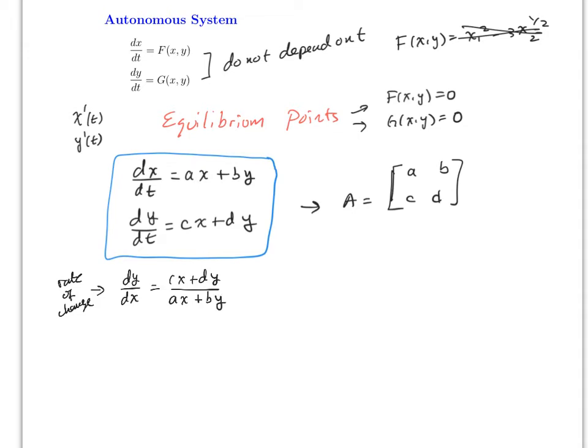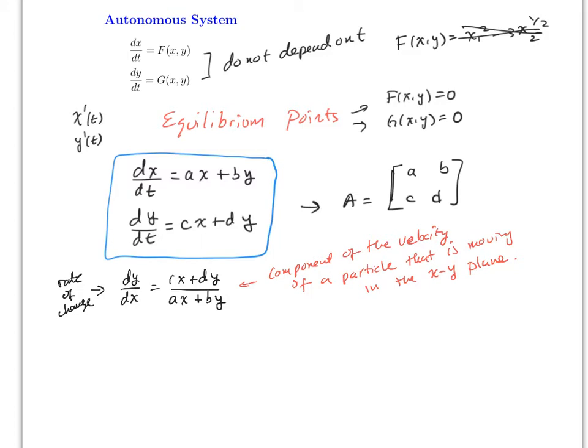Remember that the derivative represents the velocity, so you can think of this as the component of the velocity of a particle that is moving in the xy plane, which is technically in 2 dimensions.